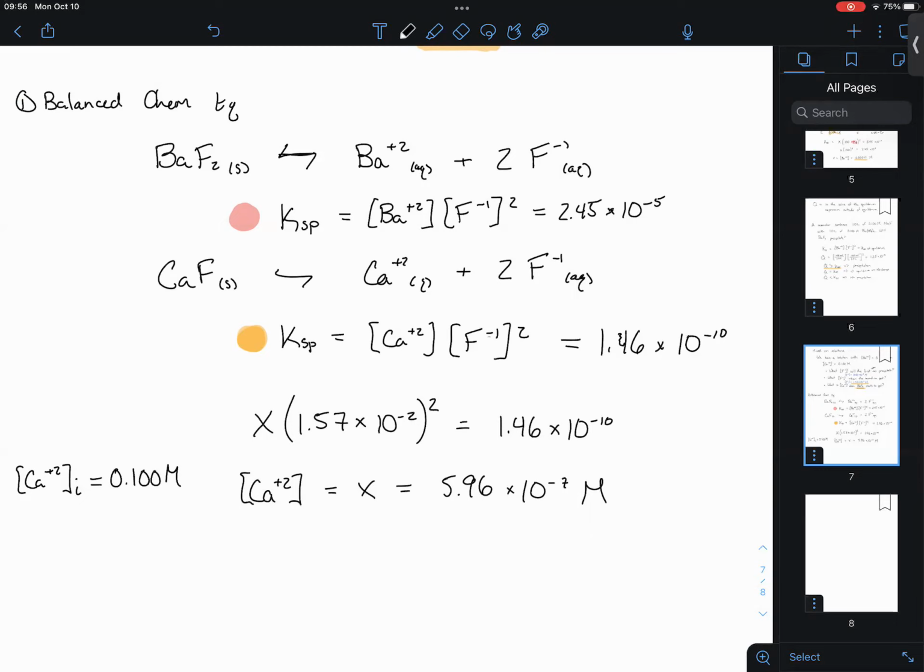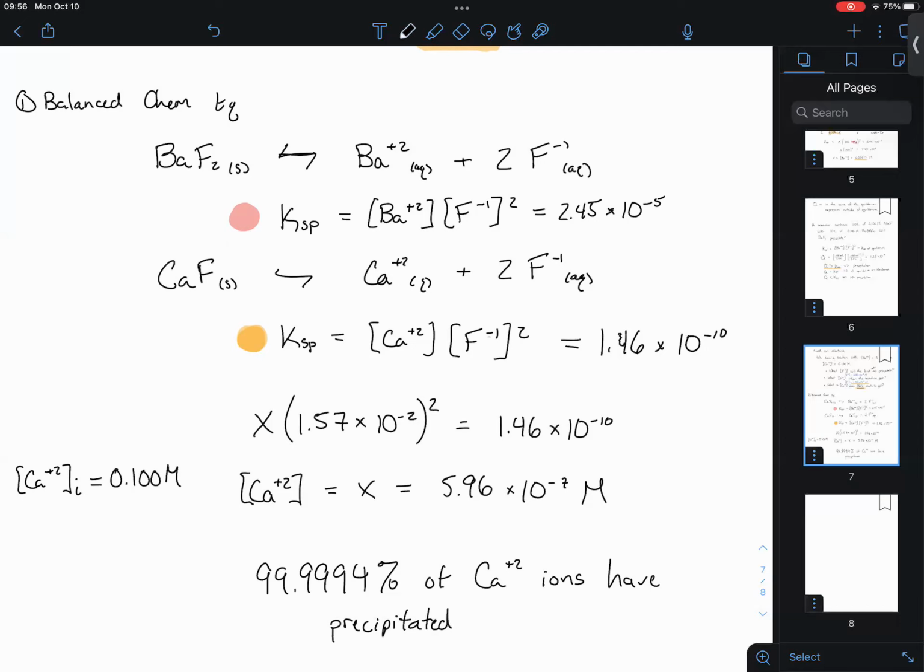Right, I've used up something like 99.9994% of my Ca ions have precipitated at this point. I really want to spell it precipitated. Precipitated.